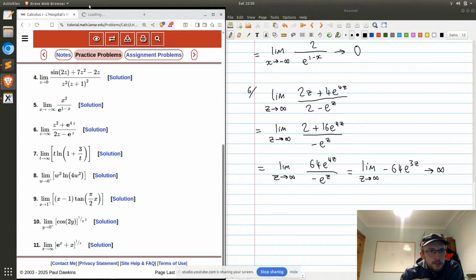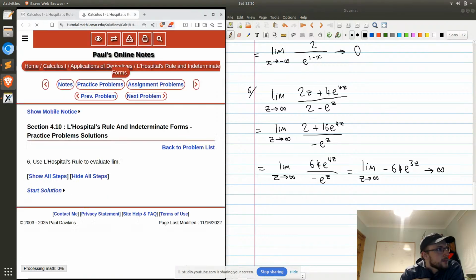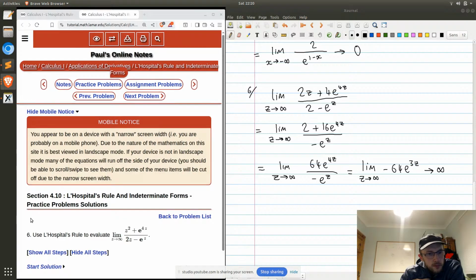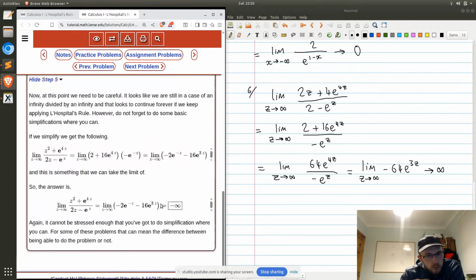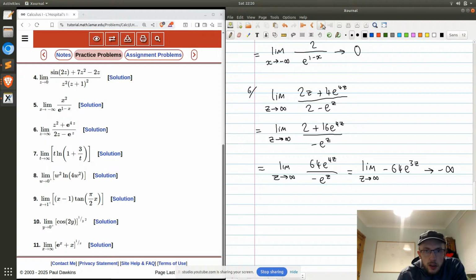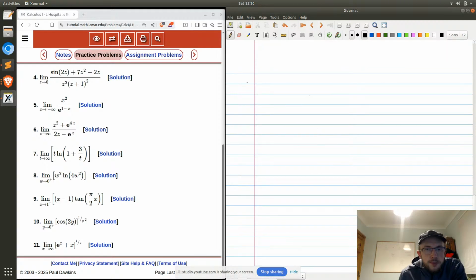Right? Or am I not right? Negative infinity. Must remember the negative sign. Right. Try again. Okay.